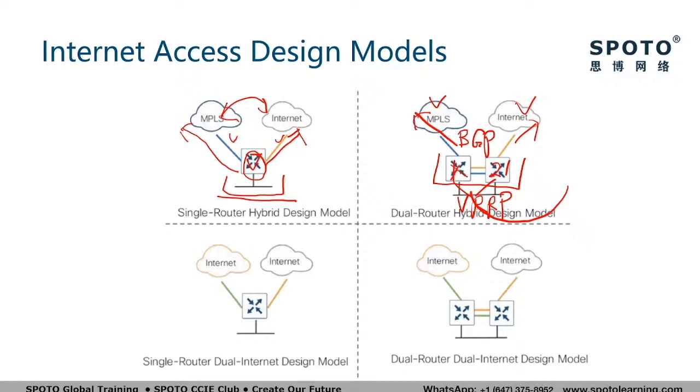We can run this type of VPN tunnel through the public internet to simulate the MPLS circuit. That's why in this design, we can have single router dual internet design model. Have 2 internet circuits, one from ISP-A, the other from ISP-B for diversity and resiliency.